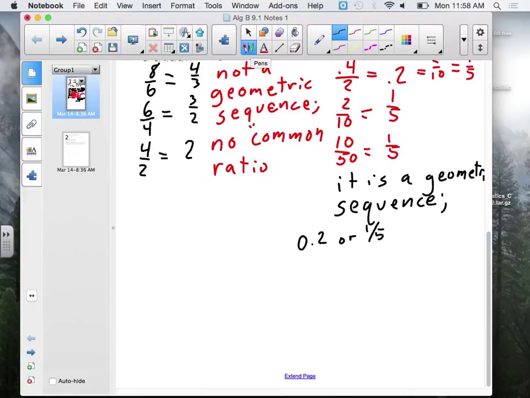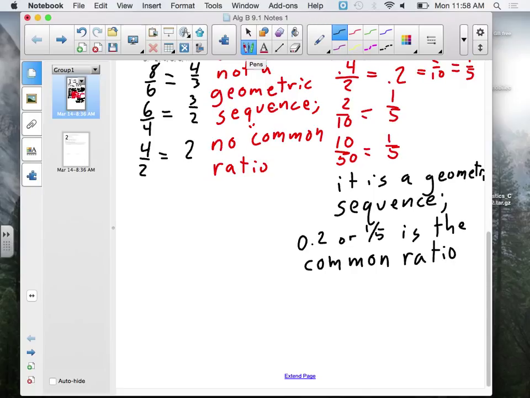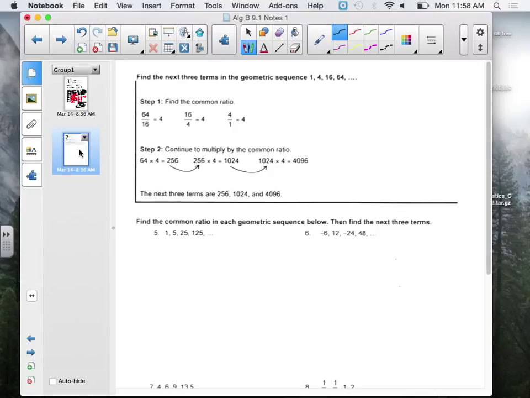Okay. 1/5 is the common ratio. Wonderful. So before we move on, does anyone have any questions about how to determine if a sequence is geometric or not? Okay. Now, we can move over to the next page.